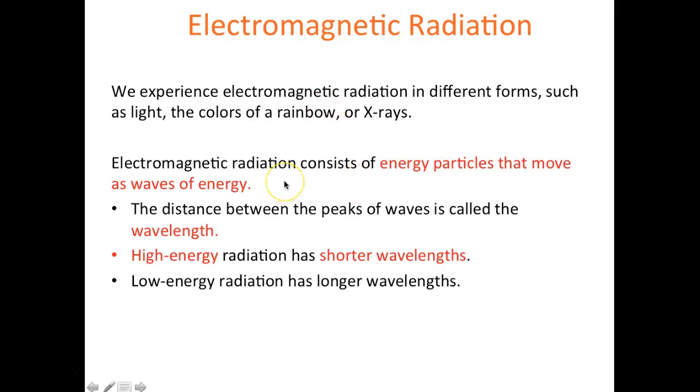All right. So electromagnetic radiation is basically energy. The particles that are moving as waves of energy. And so those waves have got peaks, and the distance between those peaks is called the wavelength. Either those waves can occur very frequently, that means they are high frequency, which means they are high energy, short wavelengths.